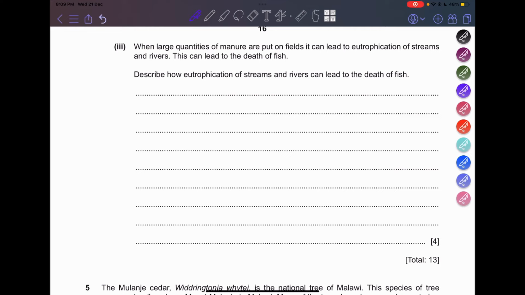This is, of course, going to take oxygen from the water. And when it takes oxygen from the water, the fish will die. So this is going to lead to the death of fish in the water stream. So this is the whole process. I just explained it right now, so you can read the mark scheme again if you want to study it.